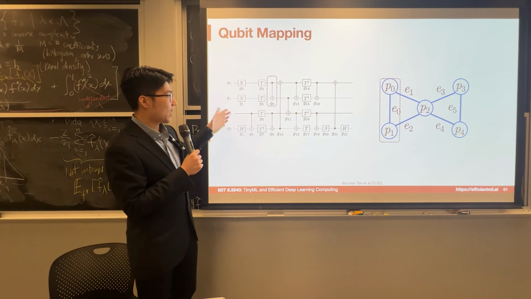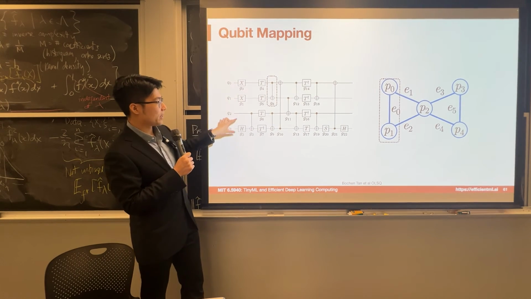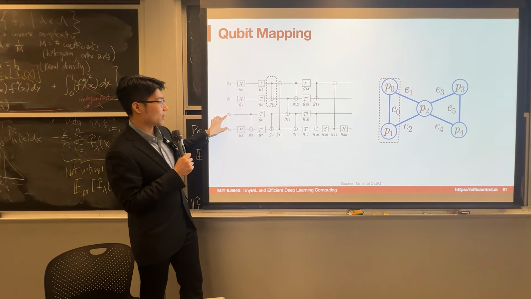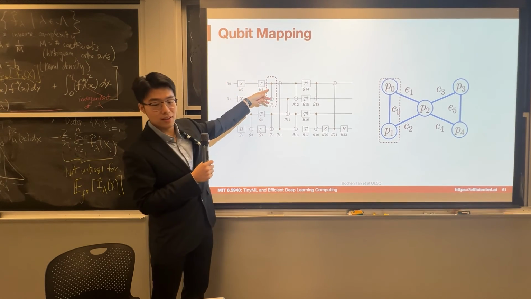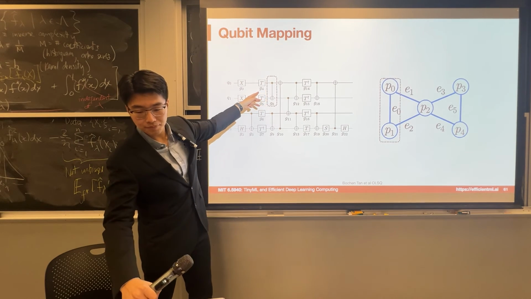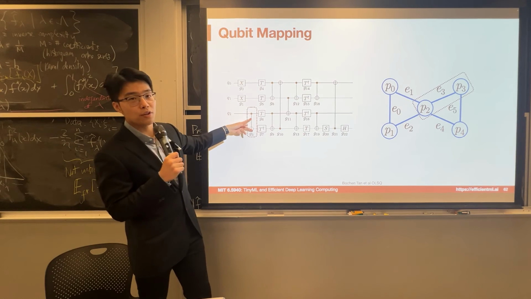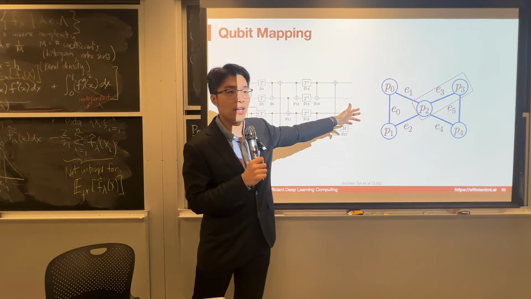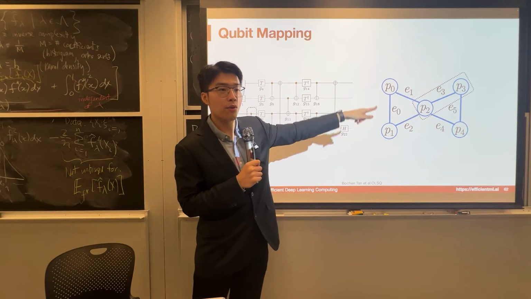Then we can have a look at the quantum circuit here. We can see there are some single qubit gates, but there are also some 2 qubit gates, like between Q0 and Q1, and also between Q2 and Q3. That should be very simple on this topology, because we can directly apply them using E1 and E3, right?